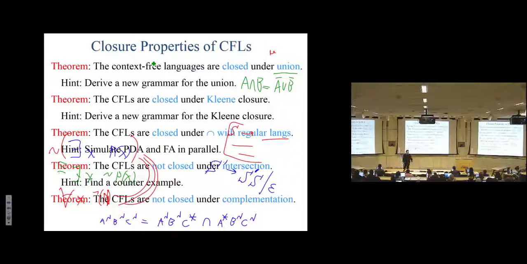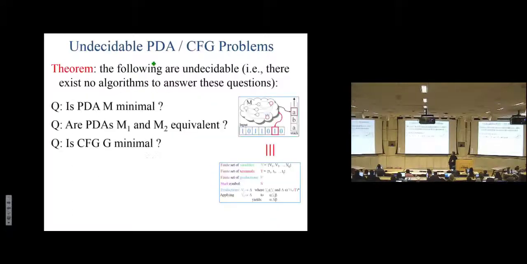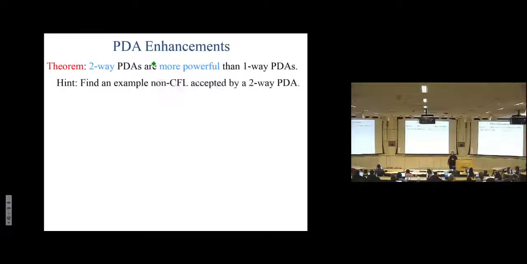Okay. Any questions? So you see now we have a lot of infrastructure in our heads, a lot of concepts, techniques, hopefully. Now we can prove a lot of things in quick succession. Think about trying to do this at the beginning of the course. It'd be hopeless. But now we have a lot of oomph, a lot of mojo in terms of techniques and interactions between these ideas and reductions, and using dovetailing and diagonalization, using power set constructions and using cross-product constructions and converting machines to grammars and on and on and on.